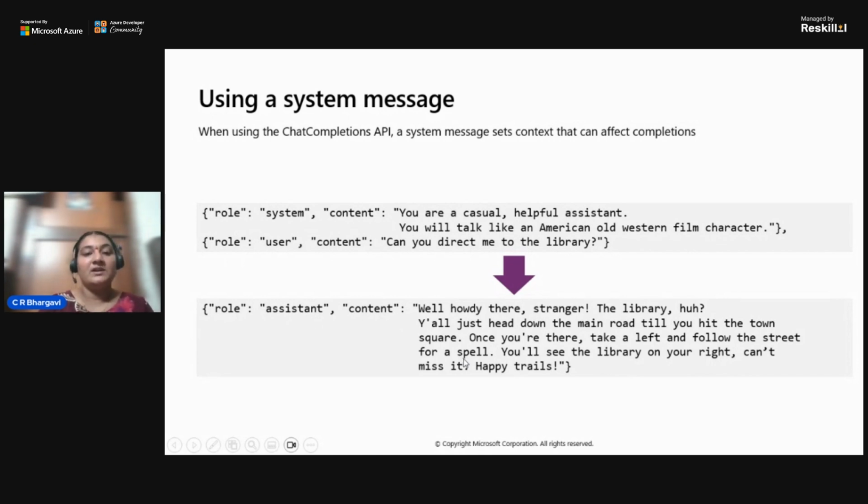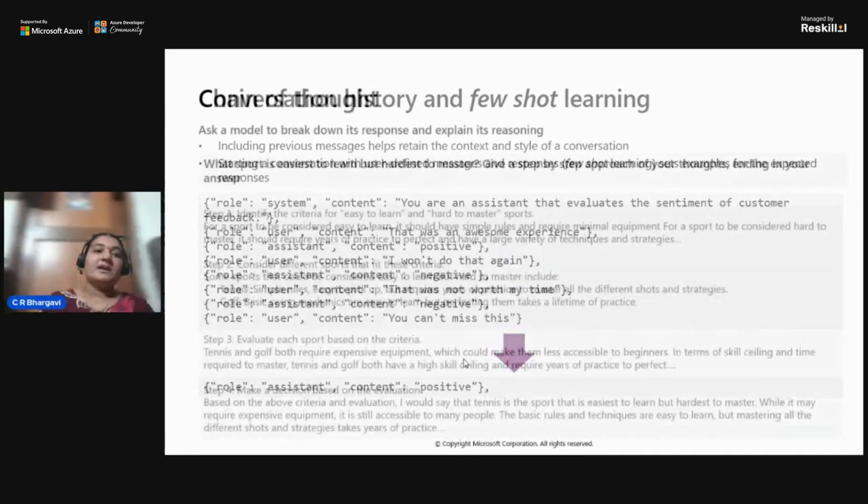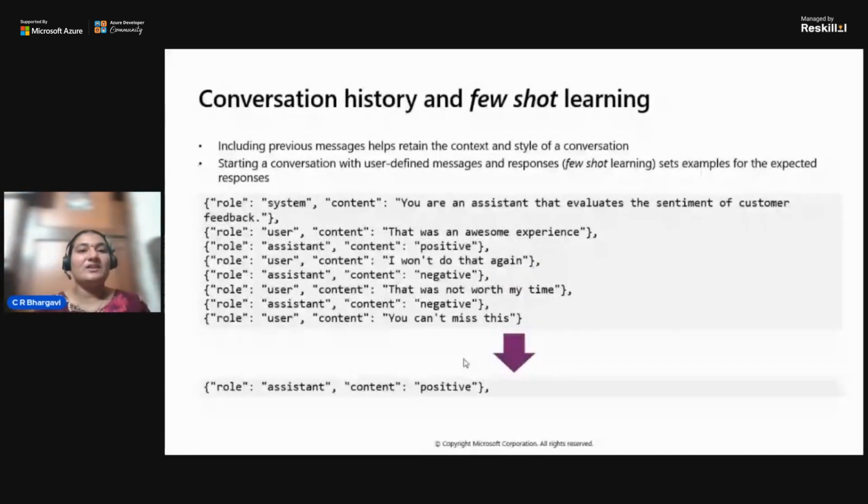And then there are conversation history and few-shot training: how your conversation history is stored, and with the help of the conversation history you can build the model that you need, like few-shot training.